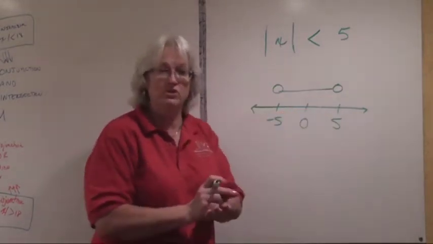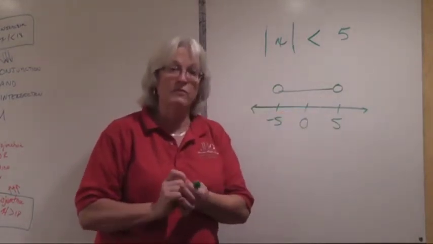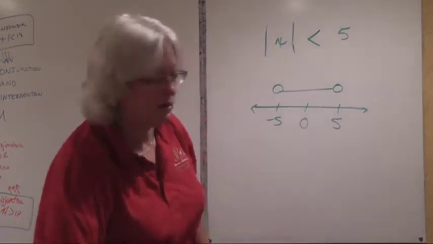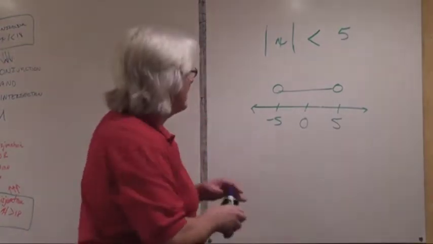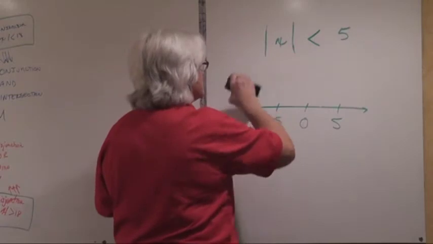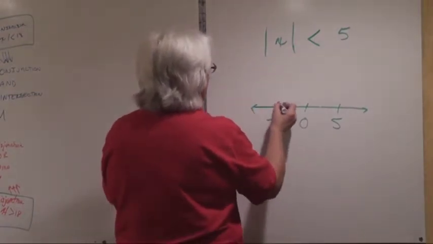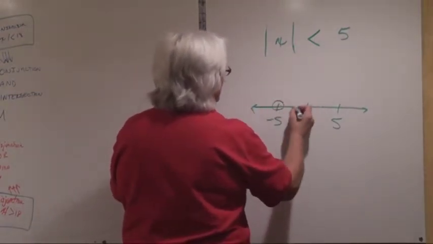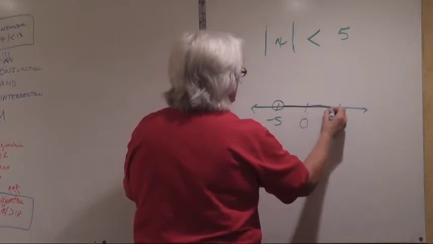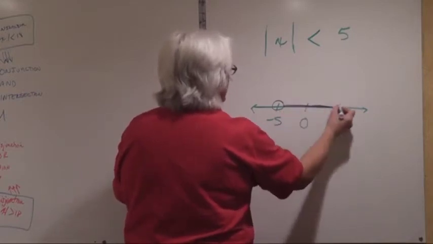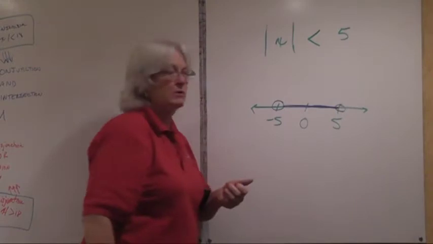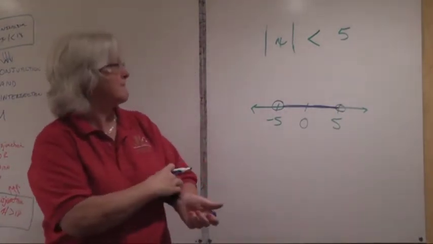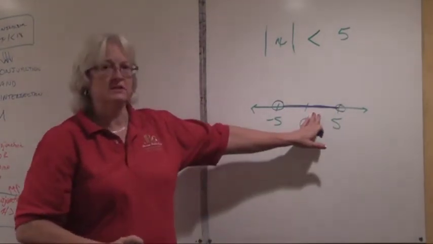So what we have represented here for all of the possible values of our variable x that would make this true can't be -5 itself, because it says we have to be less than 5 units from 0 on the number line. So what does this tell us?